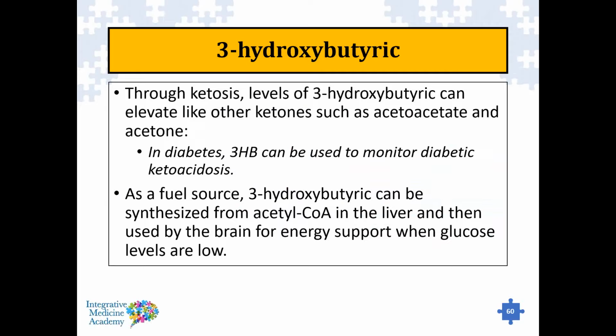So 3-hydroxybutyric can occur in the body primarily through liver production as a secondary fuel source for the brain, particularly when glucose levels are low or glucose can't be accessed because of insulin resistance or insulin sensitivity issues.